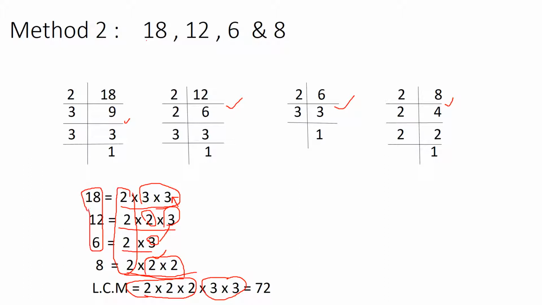So now you have to check in which one you have more 3's. We have more 3's in 18, so you are just going to select 2 times 3's from 18 here. It doesn't matter whether it is present in 4 numbers or in 3 numbers only. It doesn't matter in LCM, so it will give you the same answer, that is 72.